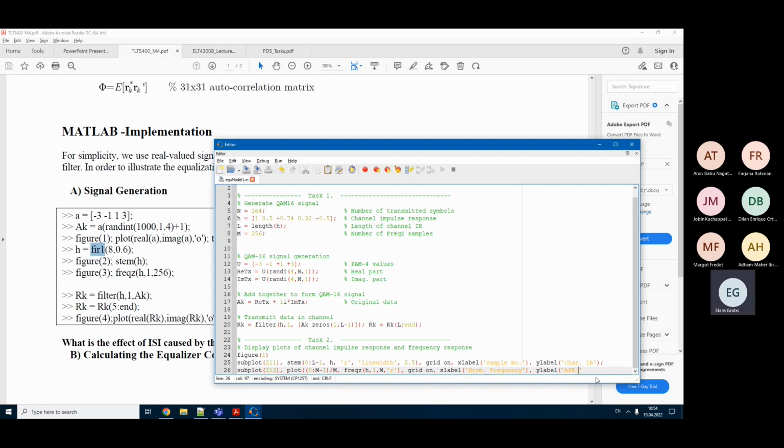And actually, we need to plot an absolute value here, which is modulus. Yes. So here we have to plot abs for FreqZ and here. So let's check the brackets. So these are closed. So everything, here I haven't closed. Okay.